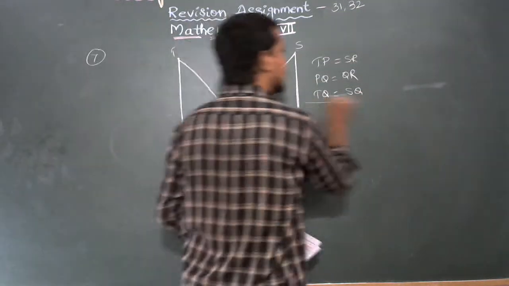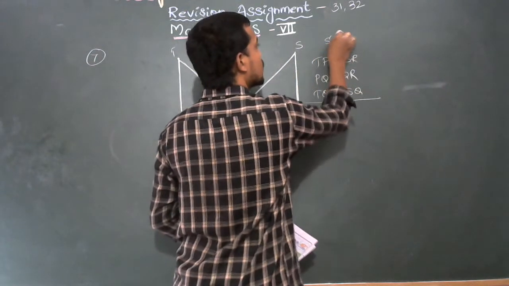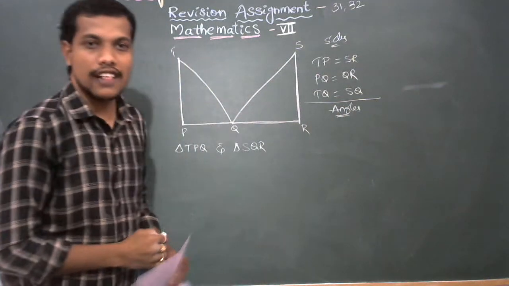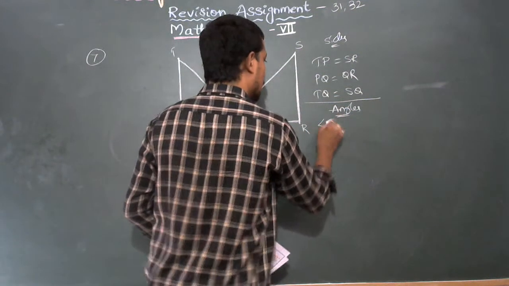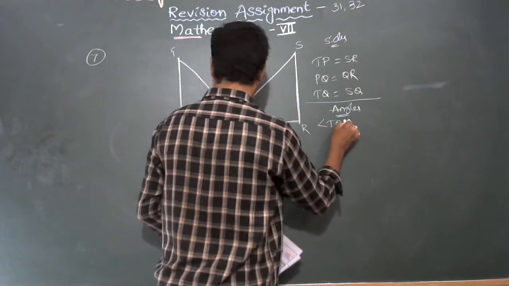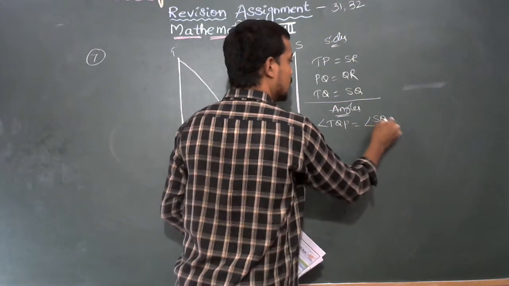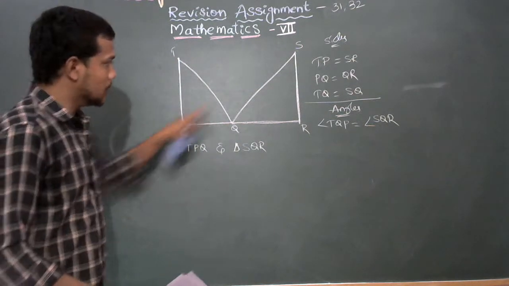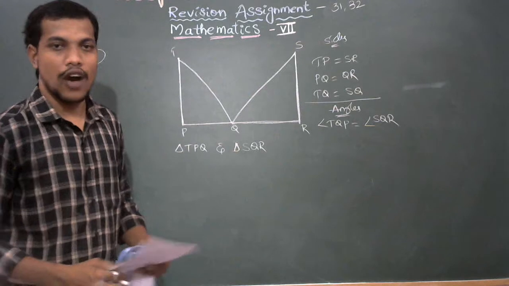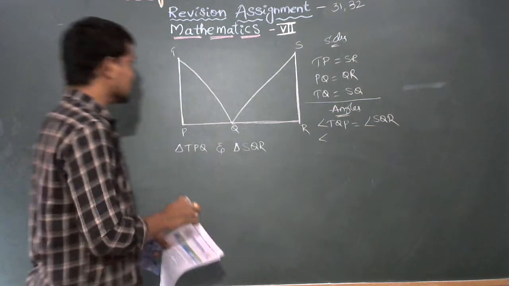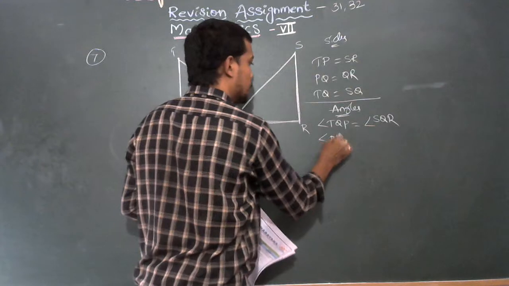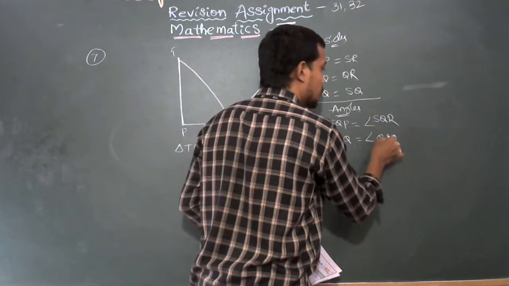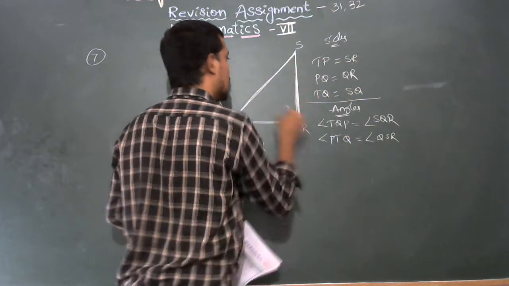So now come to the angles. Sides are equal. Now what are the angles? Angle TQP is equal to angle SQR. Now angle PTQ is equal to the next angle QSR.